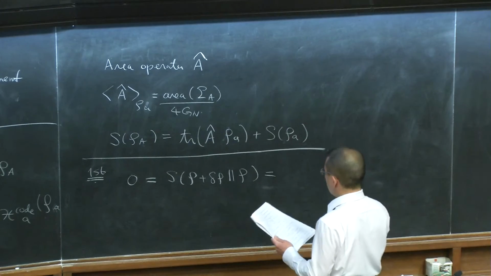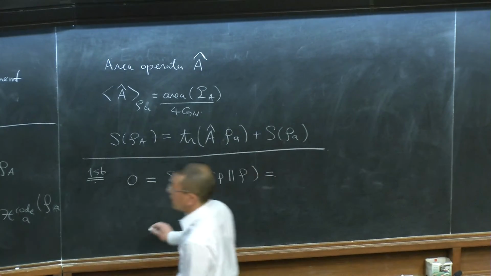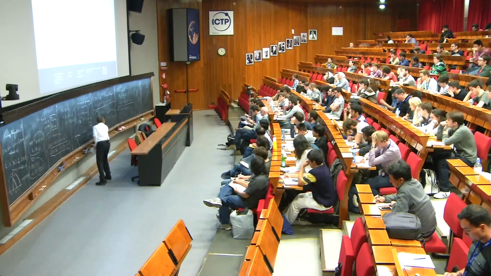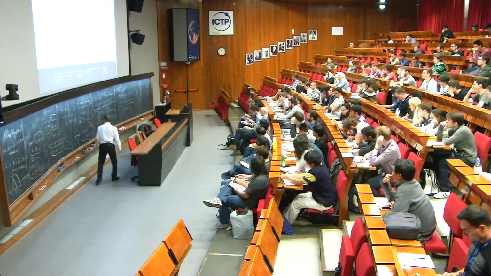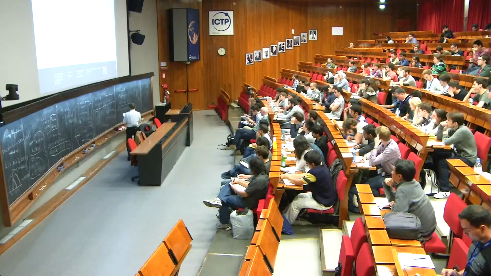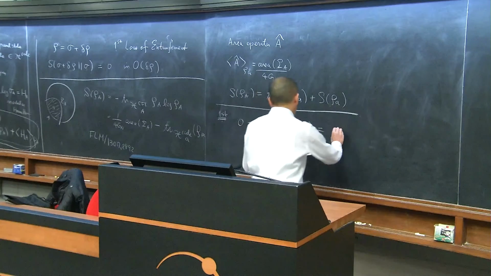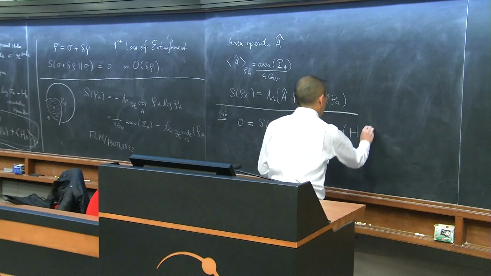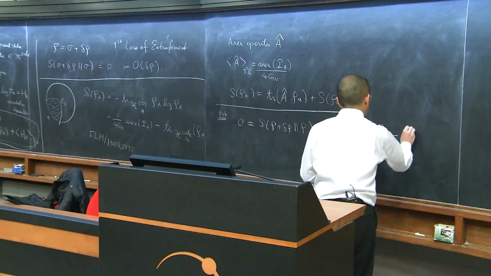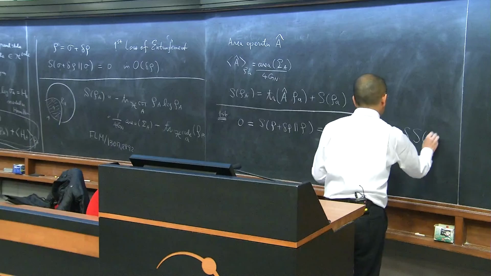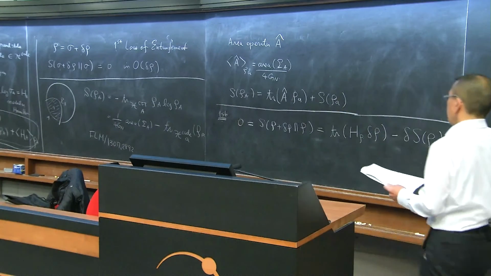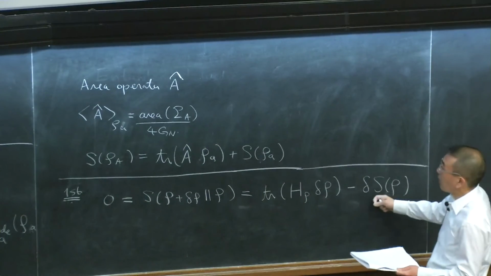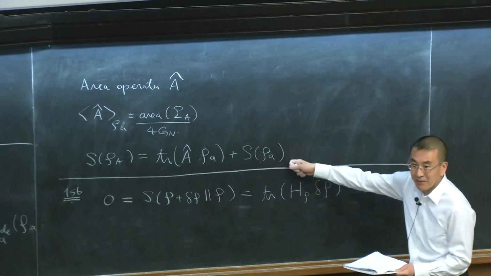Let me see. Yes, but S is this quantity. So that means that this is equal to the trace of H of rho delta rho minus delta of S of rho. But now we know what S is. S is this one.